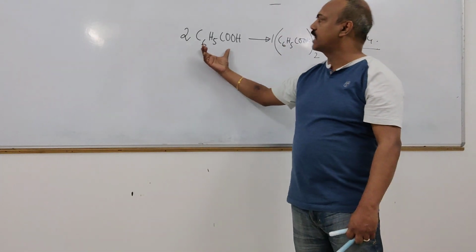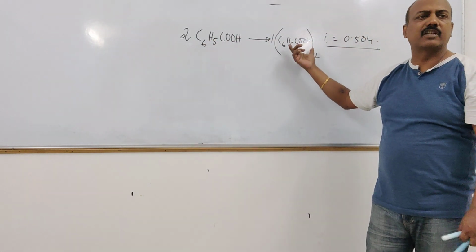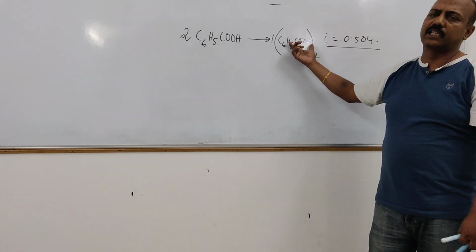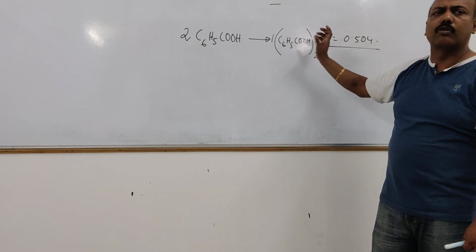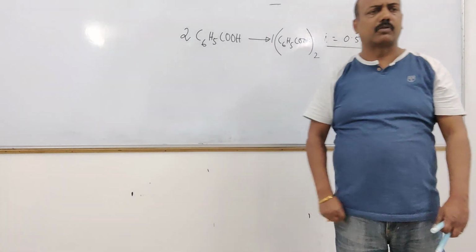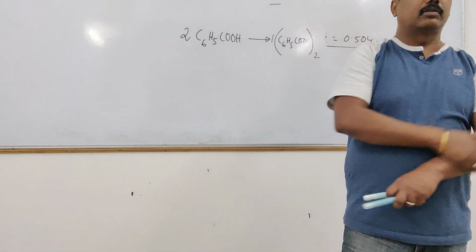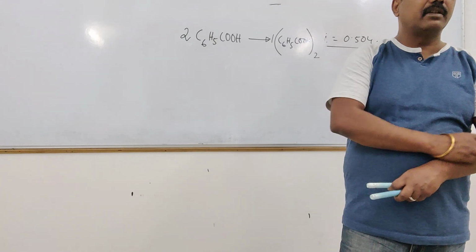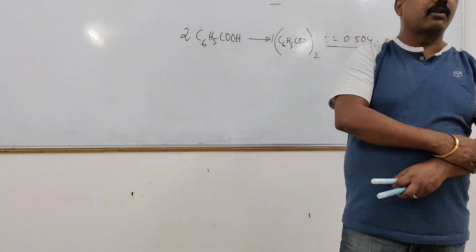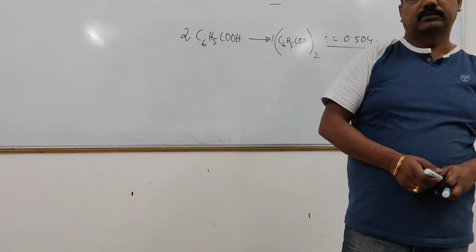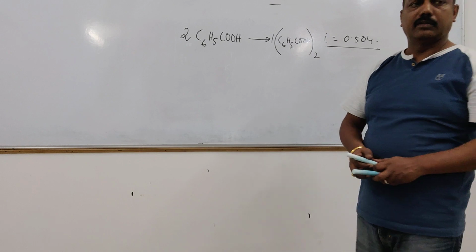So 2 C6H5COOH molecules are becoming just one particle, (C6H5COOH)2. Is it clear? Both combine and become one particle. Is it clear or not? You tell me that first. Anvesha, is it clear? Yes or not? Okay, I hope it is yes.